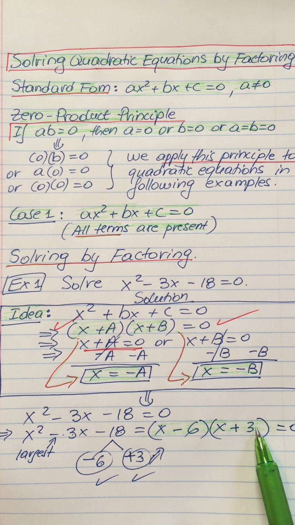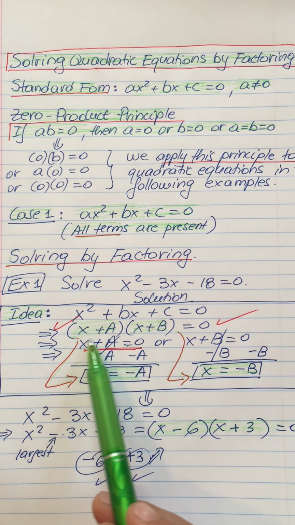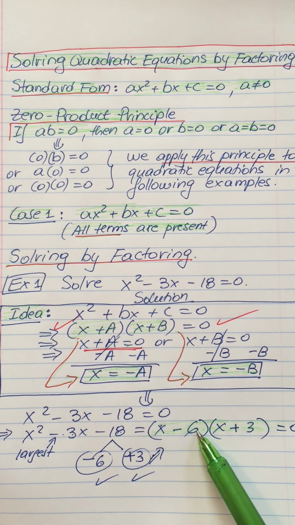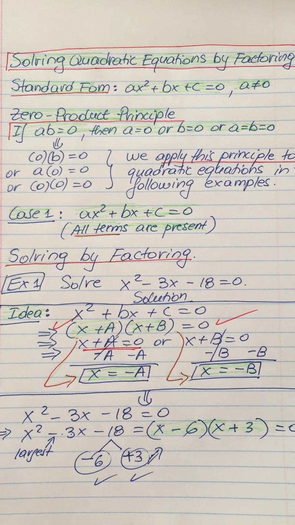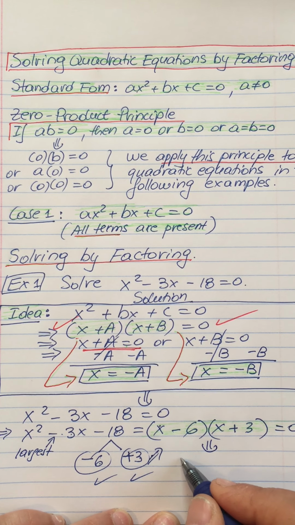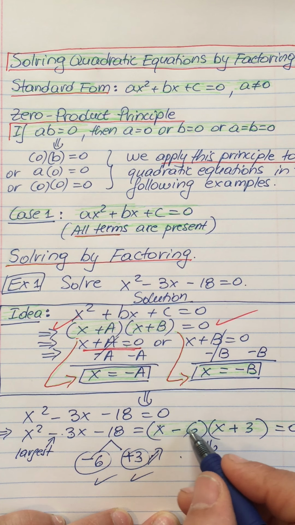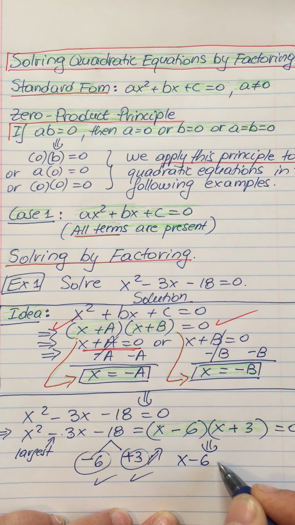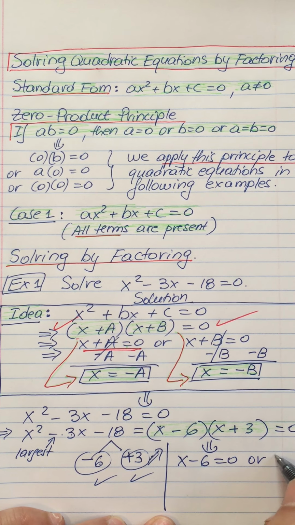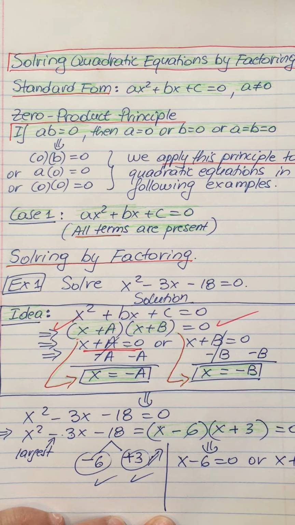Now, if you want, you can skip this step and just write x minus 6 is equal to 0. Let me write it now. I will set each factor equal to 0, and the first factor is x minus 6, or x plus 3 is equal to 0.